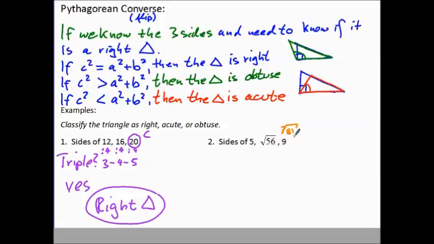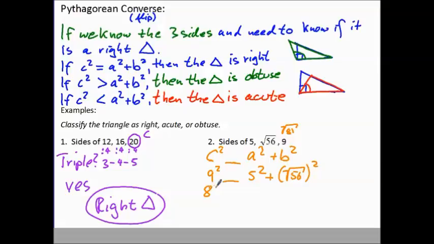So this is how we're going to set this up now. C squared, and we're not going to put an equal sign or anything here just yet, but we know that we're comparing it to a squared plus b squared. C squared is 9 squared, a squared is 5 squared, and b squared is the square root of 56 squared.